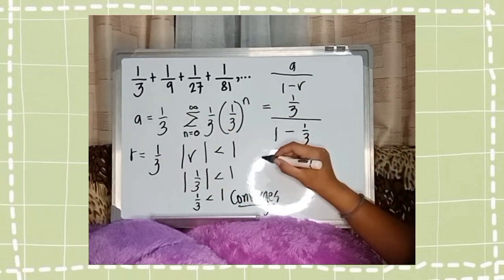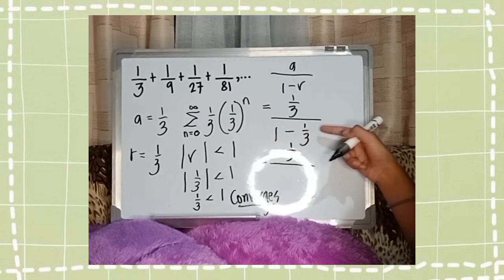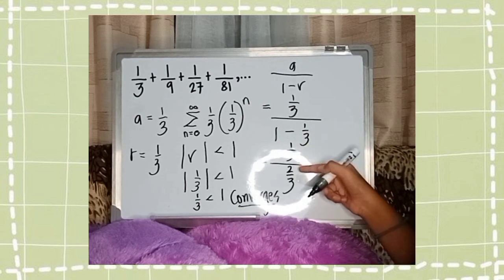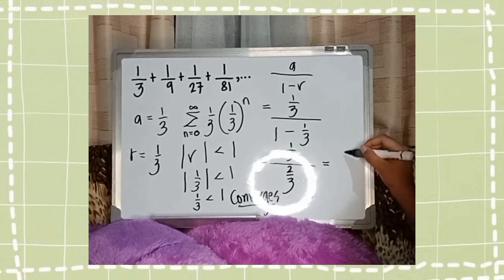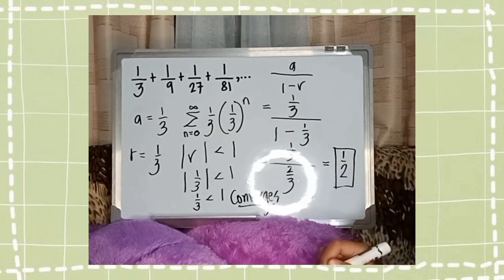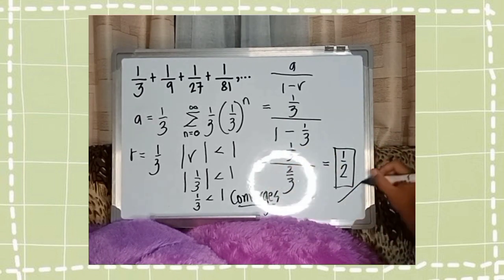Simplify: 1 minus 1/3 would be 2/3, and then 1/3 all over 2/3 would be 1/2. So therefore, this series converges to 1/2.